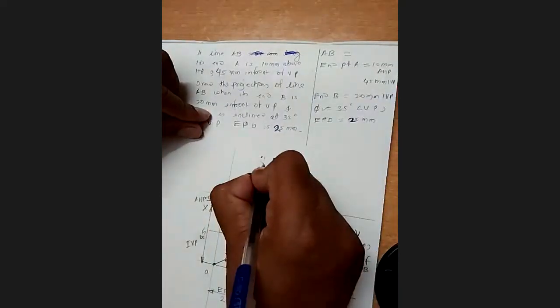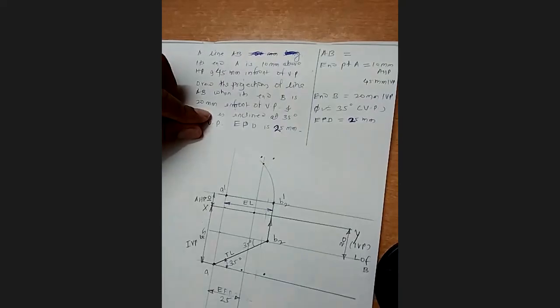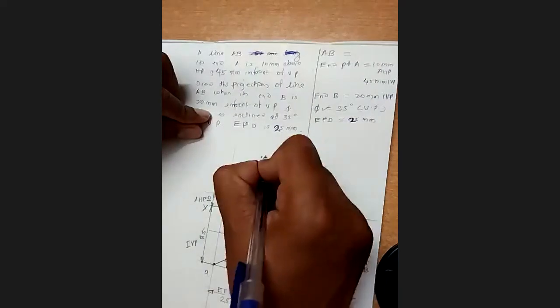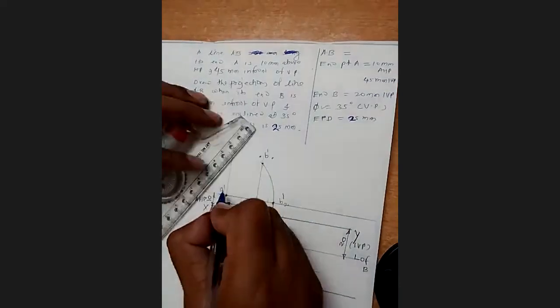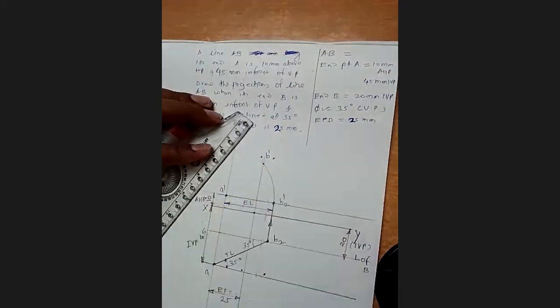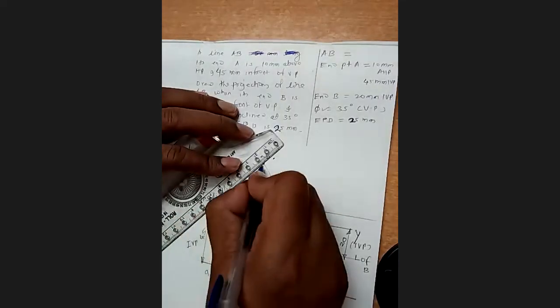Okay, this will give the point, right? And this point is going to be the point B dash, right? Join A dash with B dash, because on the projector it will be B dash, either B dash or B. So I will join it.